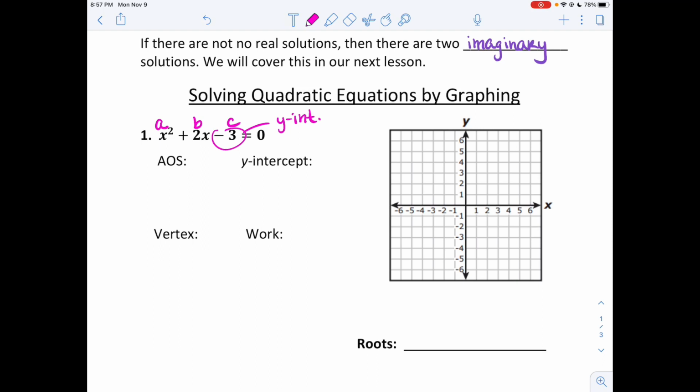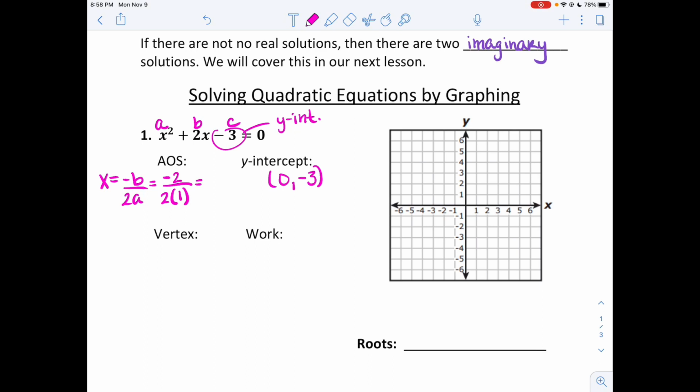And so it looks like it intersects the y-axis at -3. So that would be an x value of 0 and a y value of -3. Our axis of symmetry, if we have standard form of our equation, remember that that's a line at x equals something, and that something is -b divided by 2 times a. So for our example, we have negative, and then b is 2, divided by 2 times a, and a is 1.